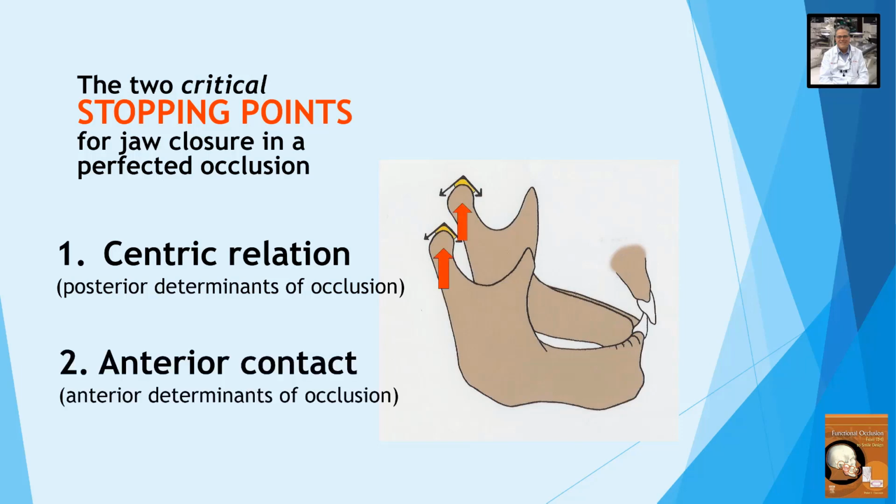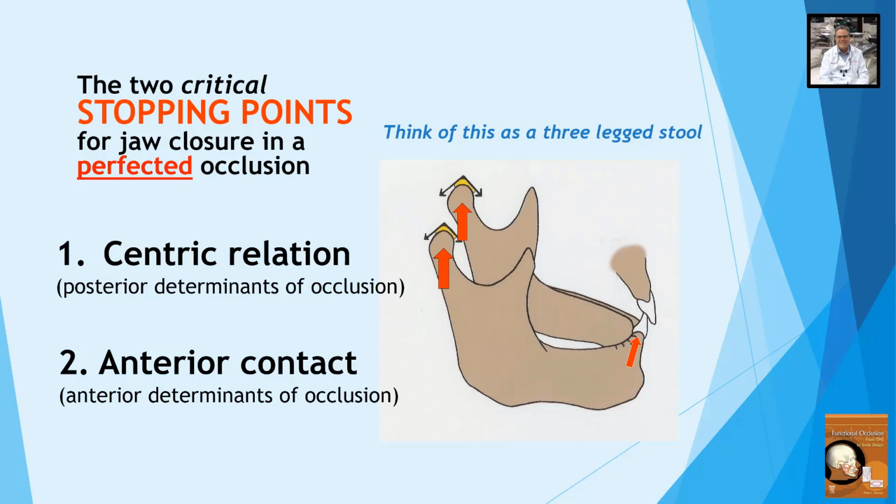In the front, the anterior contact is the other stop or determinant, and think of it as the front teeth. It's the 6 front teeth opposing the 6 front teeth. Think of it as a three-legged stool. It's stable and it doesn't wobble. These are critical stopping points that cannot go higher. Condyles can't go higher, and anterior teeth cannot go higher. Stopping points, and this is for a perfected occlusion.